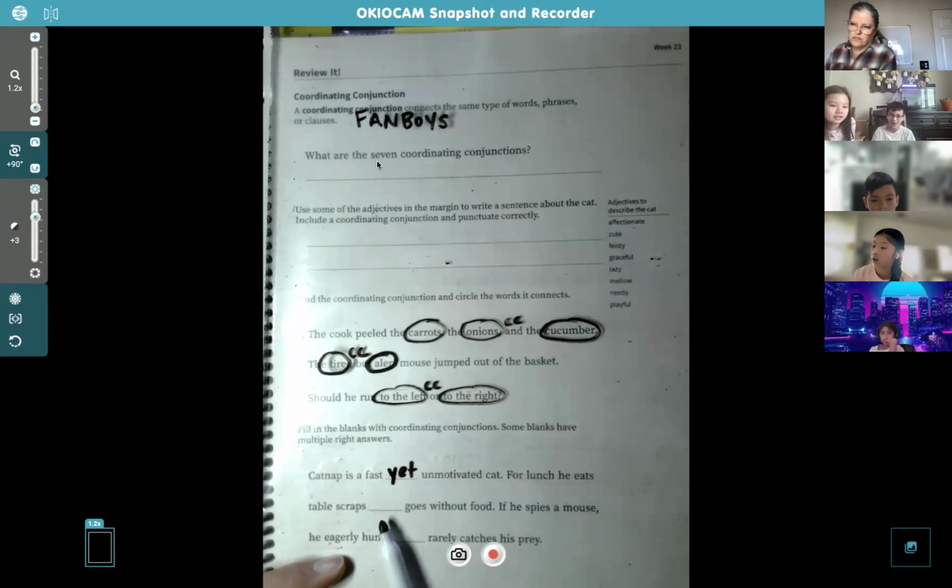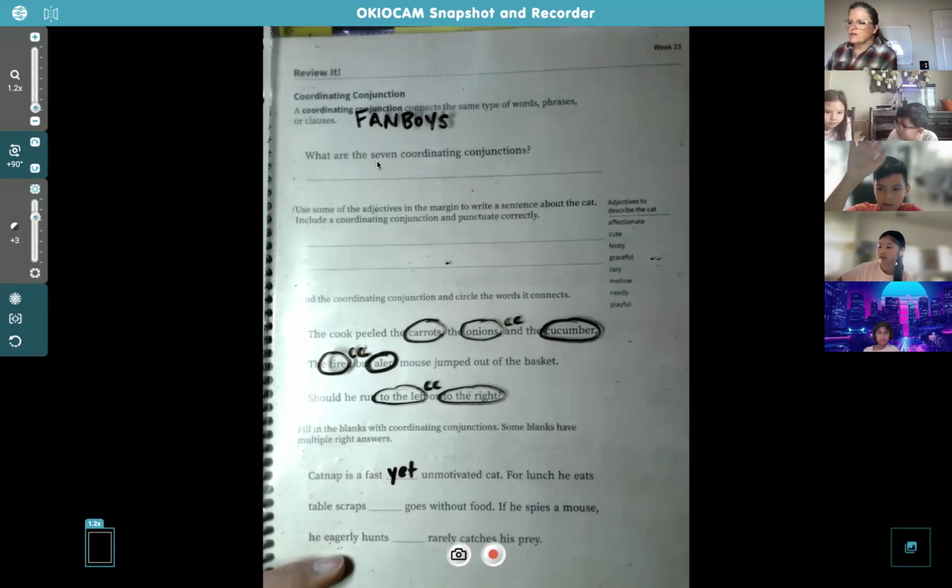What would make sense here? For lunch, he eats table scraps but goes without. That doesn't make sense either. For lunch, he eats table scraps but goes without food. It doesn't really make sense right there.